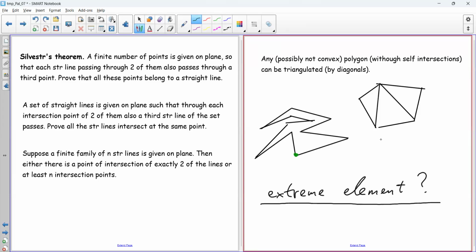The key is that we should consider objects with some parameter which is measured normally, and with the extreme value of that parameter.